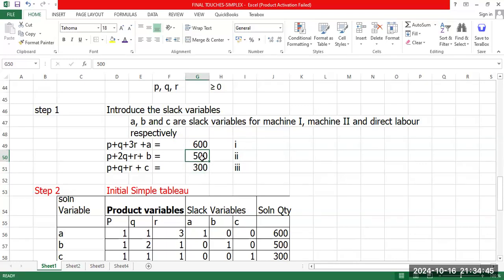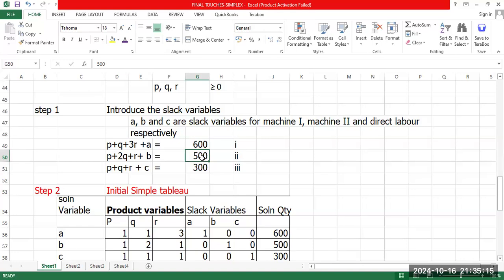So the question is, if they are to add 1 hour, how much can they earn in terms of profit? That is shadow price, or what we call opportunity cost. The fact that they have not added that 1 hour, there is an amount of money the company is actually foregoing.